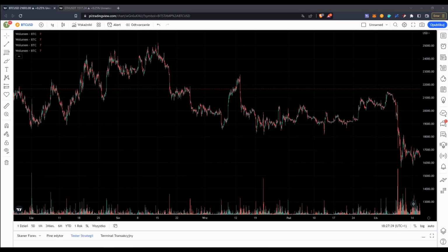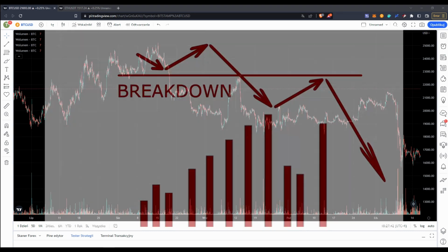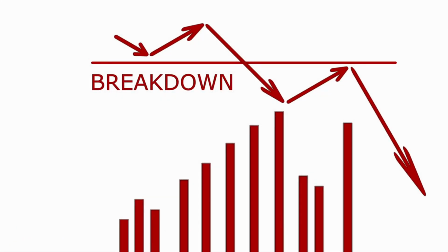And if we have a strong move to the downside, breaking through the support on higher volume, we are looking for a retest from the bottom, right? A retest of the broken support, which might turn into resistance, on lower volume, and we are looking for continuation, okay?